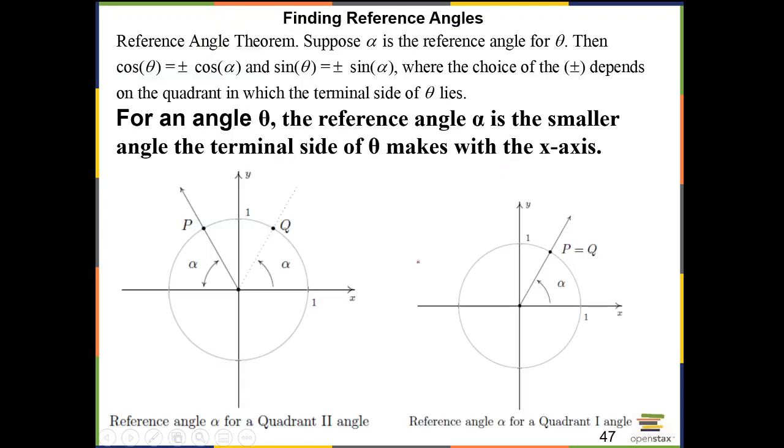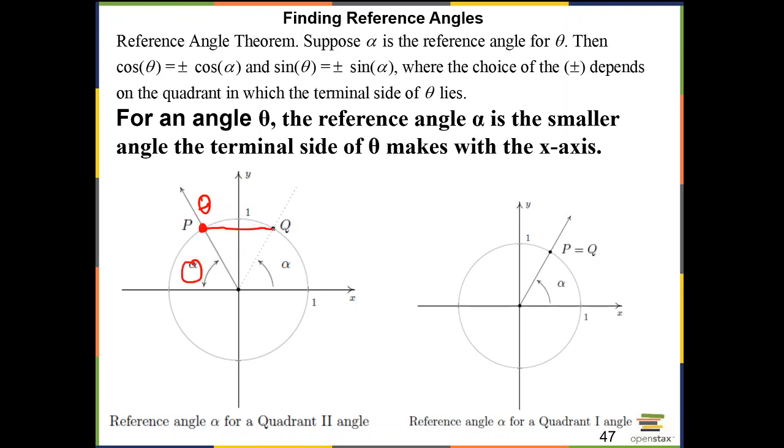Now, the reference angle is the angle that the terminal side of this angle makes. Now, it doesn't have to be exactly this angle, right? It could be any angle that ends up there. So you can go around like 10,000 times and get here. As long as the terminal side is here, then the reference angle is this right here. Why?